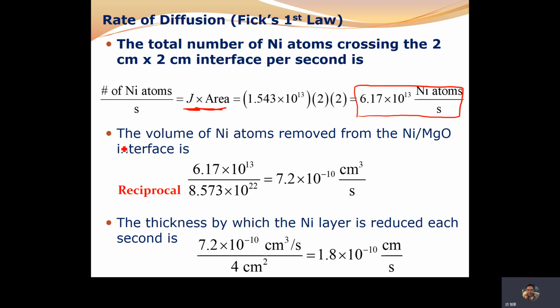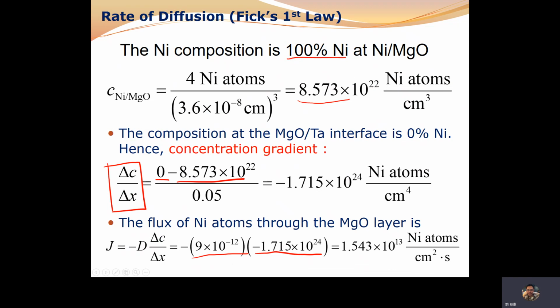And the volume of nickel moved from the nickel magnesium oxide interface is what? We already know the rate of diffusion is about 6.17 times 10 to 13 nickel atoms per second, right? And we multiply by the reciprocal of this nickel concentration. So what's the meaning of the reciprocal of the nickel composition?